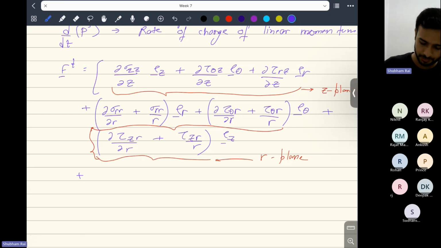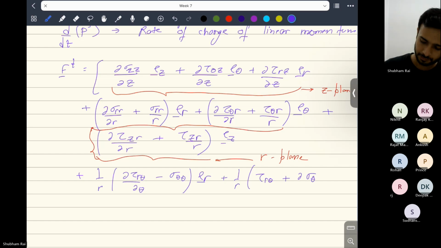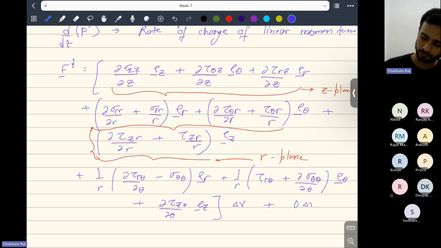Let me write it first: 1 over r del sigma theta theta by del theta minus sigma theta theta over r, in er, plus 1 over r del sigma r theta by del theta, in the direction of theta, plus del tau z theta by del theta, in ez, and this was multiplied by delta V, along with higher order terms of delta V. Delta V is the infinitesimal volume of the small cylindrical element that we have taken.